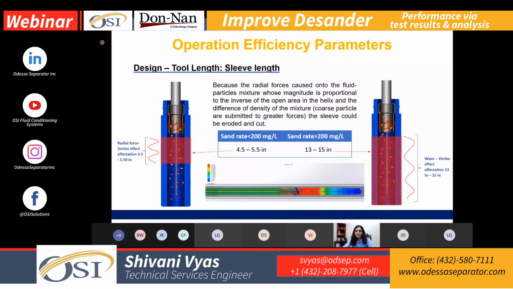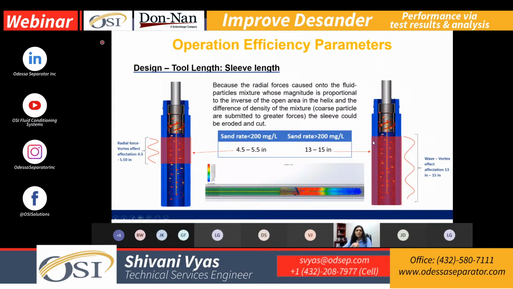We can see here that if the sand rate is less than 200 mg per liter, the radial force is about 4.5 to 5.5 inches right below that vortex, versus if we have a higher sand rate, where does that radial force come in?